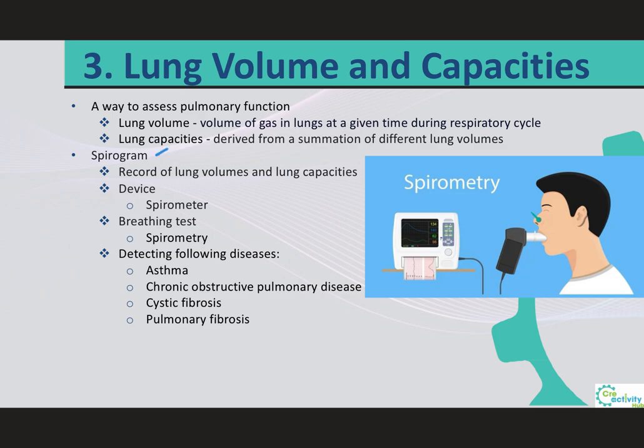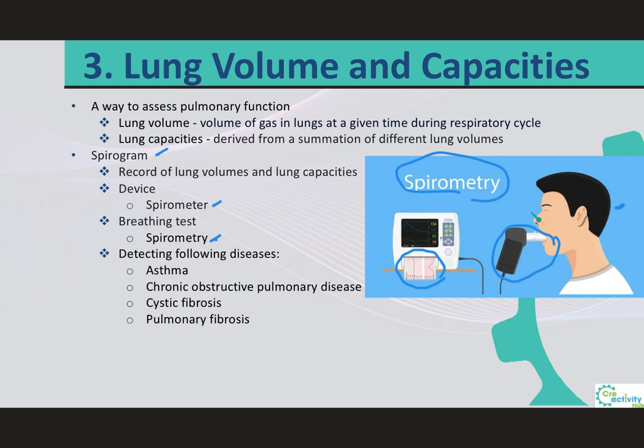The device that's used to measure them is called a spirometer, and the breathing test is called spirometry. Therefore, this individual in the image is using a spirometer to do a spirometry so he can see his pulmonary function by analyzing a spirogram.